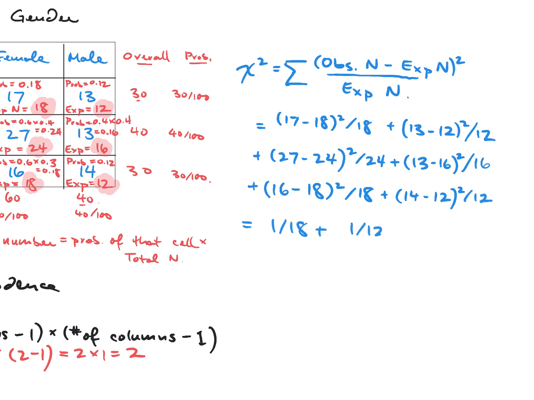Plus 27 minus 24 is 3, squared is 9, over 24. Plus -3 squared, still 9, over 16. Plus -2 squared is 4 over 18. Plus 2 squared is 4 over 12.